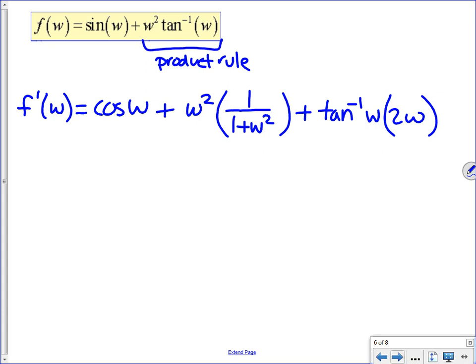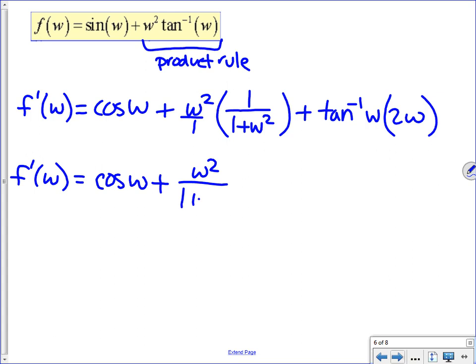All right, again, we'll clean it up a little bit, but not a whole lot. We'll keep cosine of w plus, we could go ahead and multiply. This would be like w squared over 1. So if we multiply straight across, we'll get w squared over 1 plus w squared.